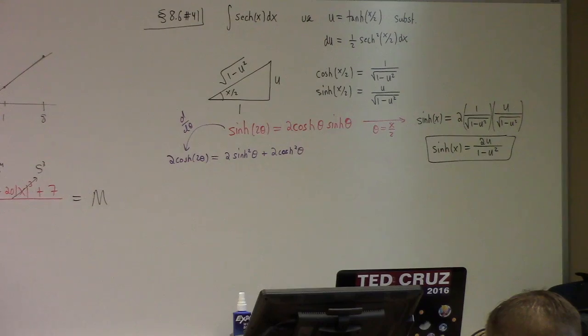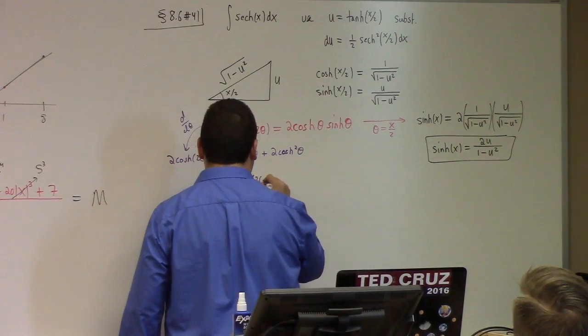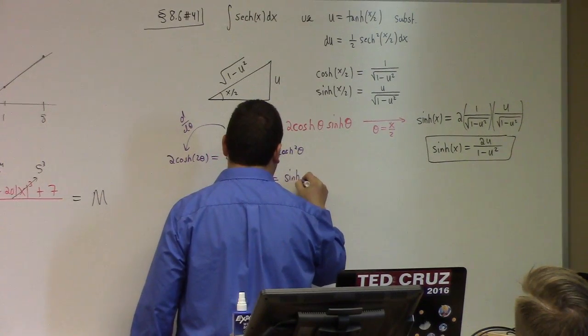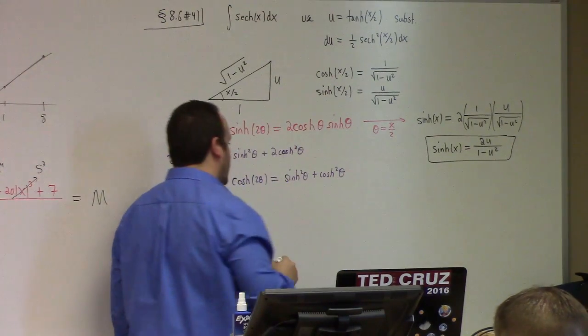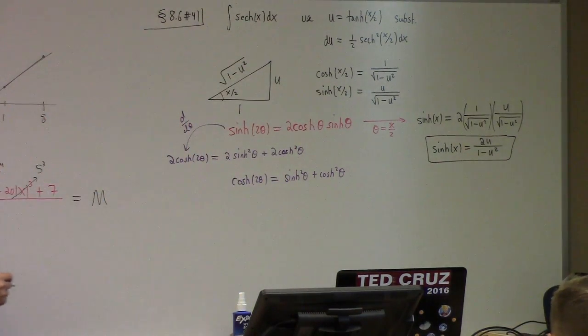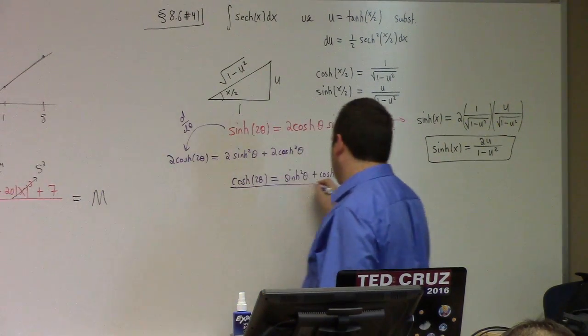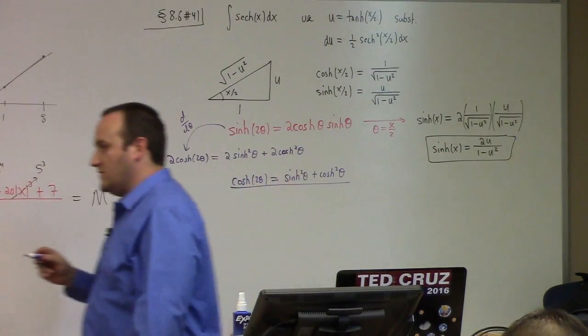So I could also write this as what? This gives me the identity cos 2 theta is equal to sinh squared theta plus cos squared theta, right? But hey, what I just wrote in purple is, for our current purposes, just fine. We can use that to figure out the analog of the formula we already found for sinh. So what is it?